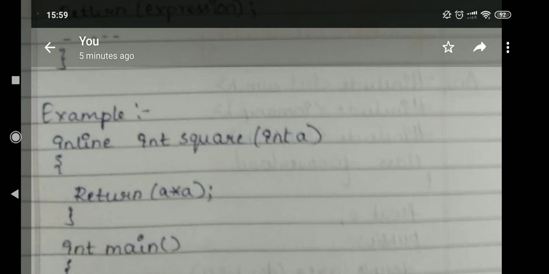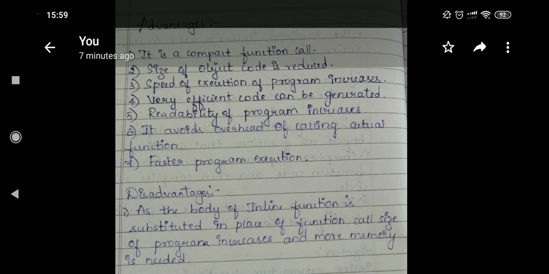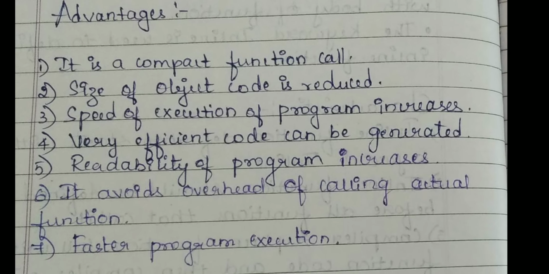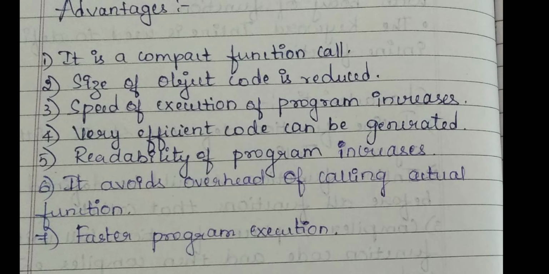Now you can see the syntax. Once you know the example, the syntax is: inline, return type, function name and argument list, body. Same is here. It is very easy, students. That is the reason I am insisting from the start that you see the advantages. Do the daily assignments. Compact means a small function. A small function means less size, no?